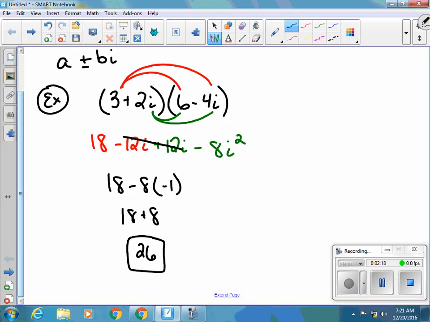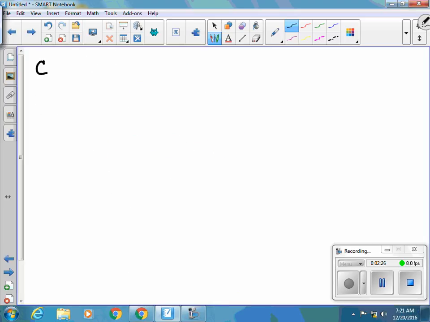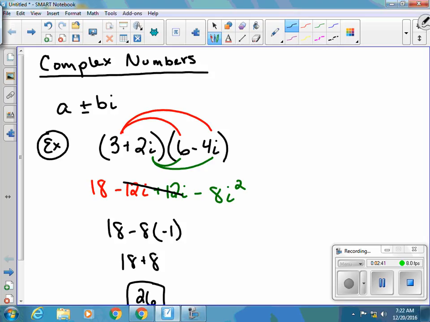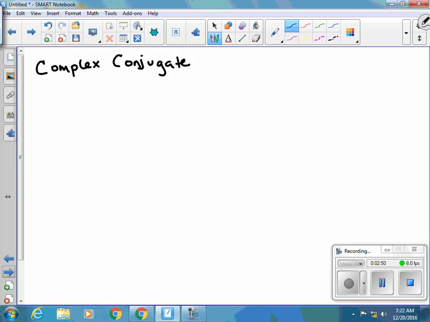The next thing that we're going to deal with is what we call a complex conjugate. A complex conjugate is where, when you multiply them, you're going to eliminate the middle term, like that 12i, whatever your middle term is. The reason is because then you get rid of the i and it's going to become a real number.